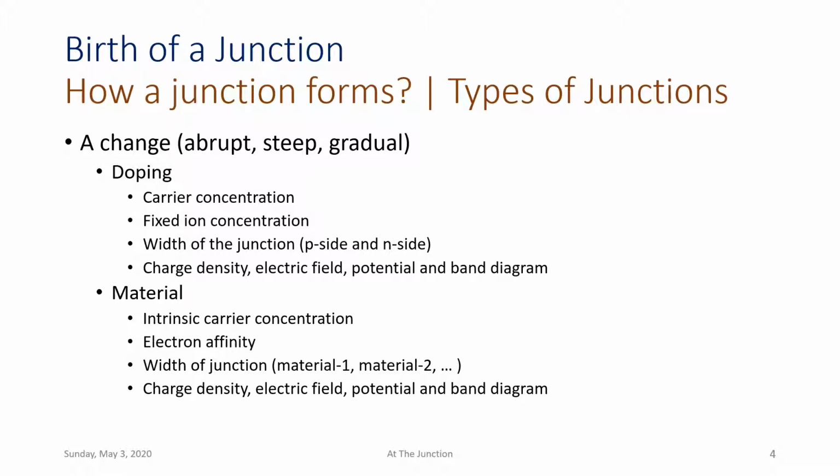We could dope the semiconductor p-type on one side and n-type on the other side, which means that the carrier concentrations would be different on each side of the semiconductor.